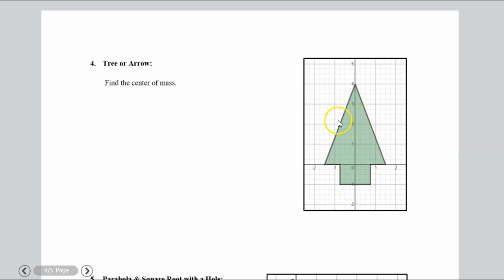So this you would want to actually find, use your composite idea. So find, say, this line down to the x-axis right here, and treat this as like two triangles and then this rectangle that you can do a composite type of idea.